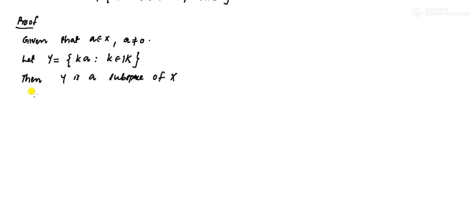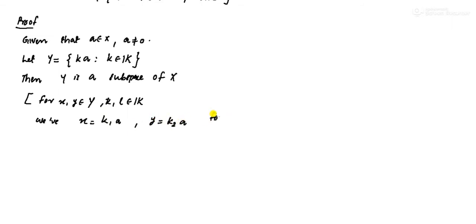This is because for x and y element of Y and l, m element of K, we have x equal to some k1 a and y equal to k2 a for some k1 and k2 element of K, right?